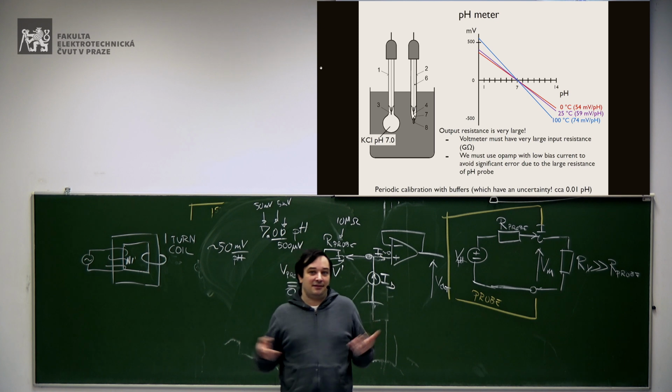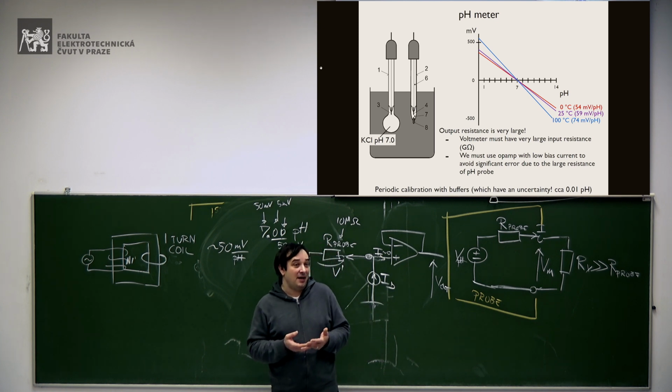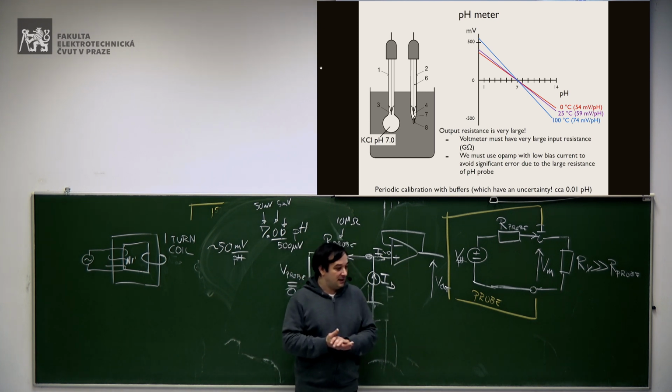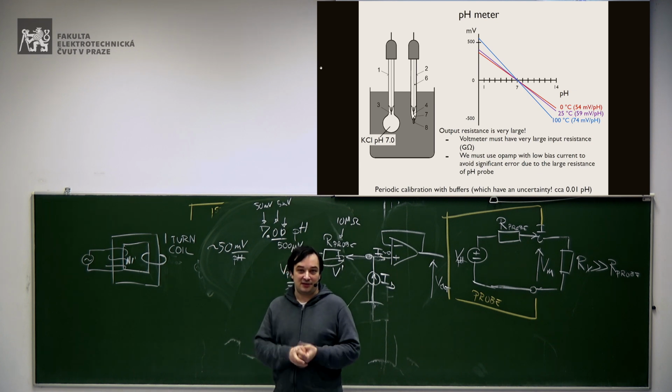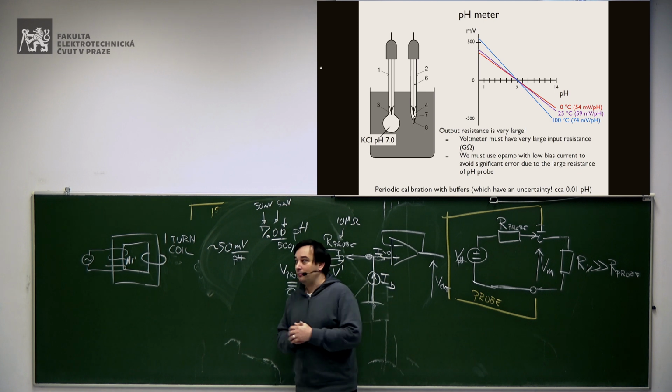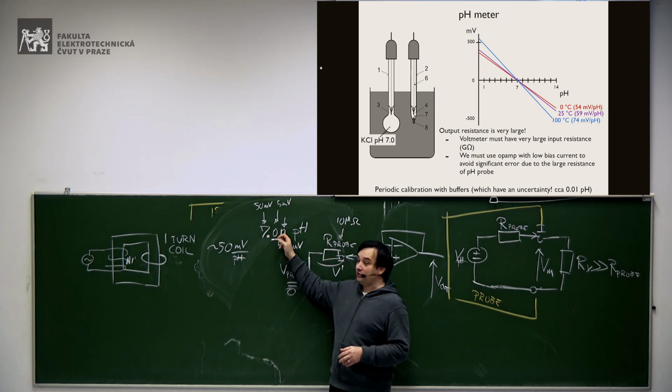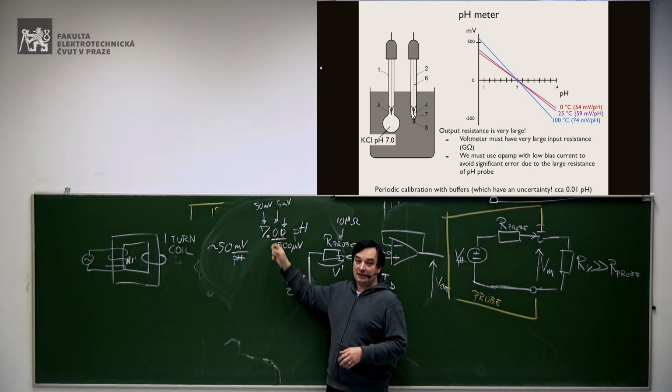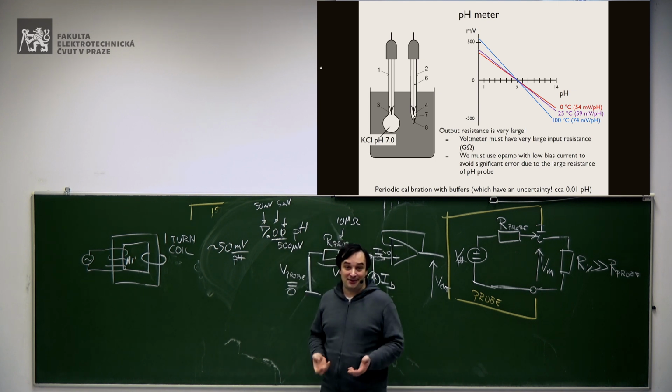Which is not dramatic, but keep in mind that sometimes you see on the internet these very cheap pH meters which show you 2 digits after the decimal point, and they cost like 10 euros, shipping included.